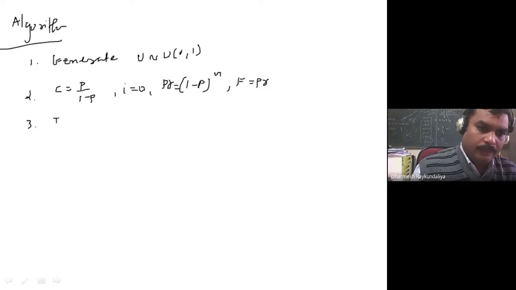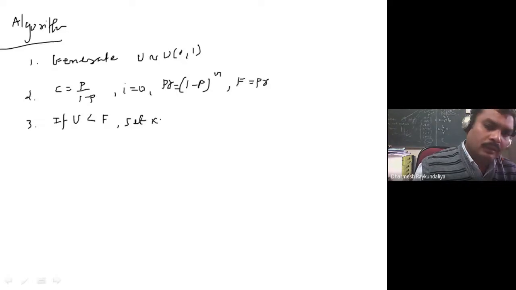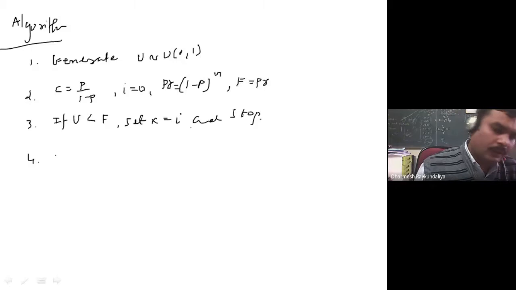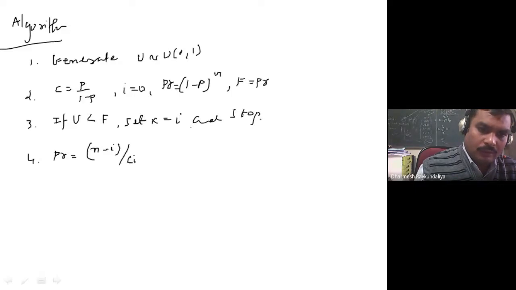Step 3: if U is less than F, then set X equal to i. What is i? i is 0, and stop. If it is not the case, then calculate the new probability, again PR, which is (n minus i) upon (i plus 1) into C into the PR that was there initially.